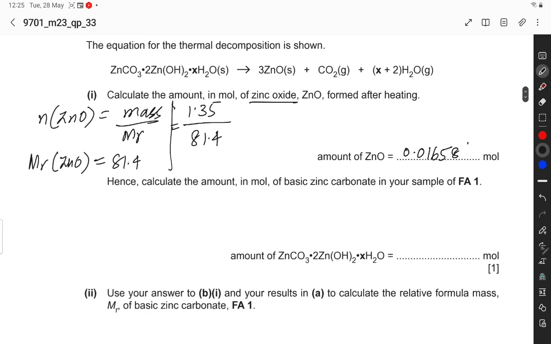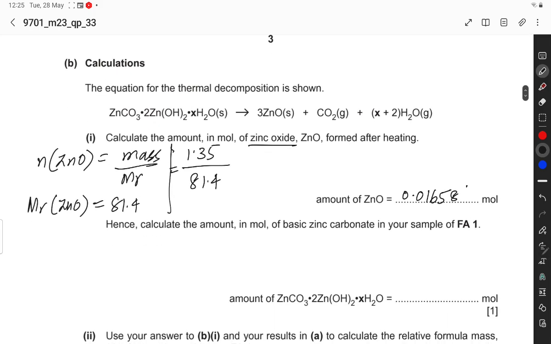So this is the mole. 3 or 4 significant figures are required for mole. Hence, calculate the amount in mole of basic zinc carbonate in your sample of FA1. So this is the mole.